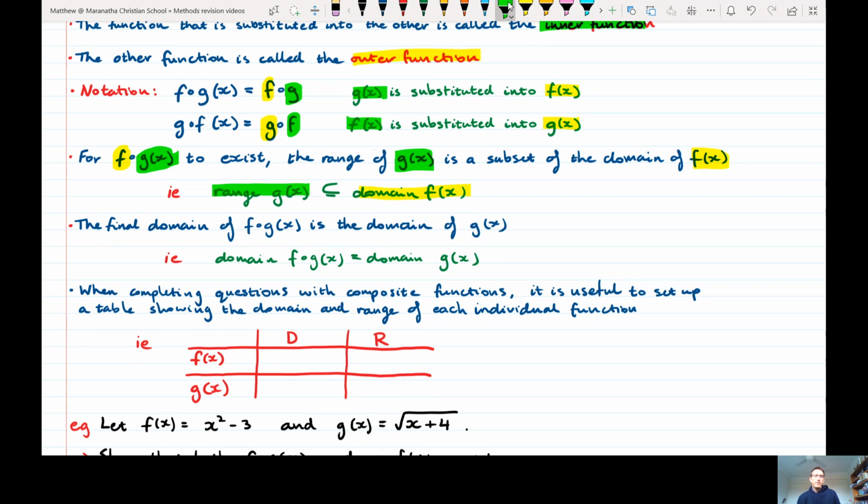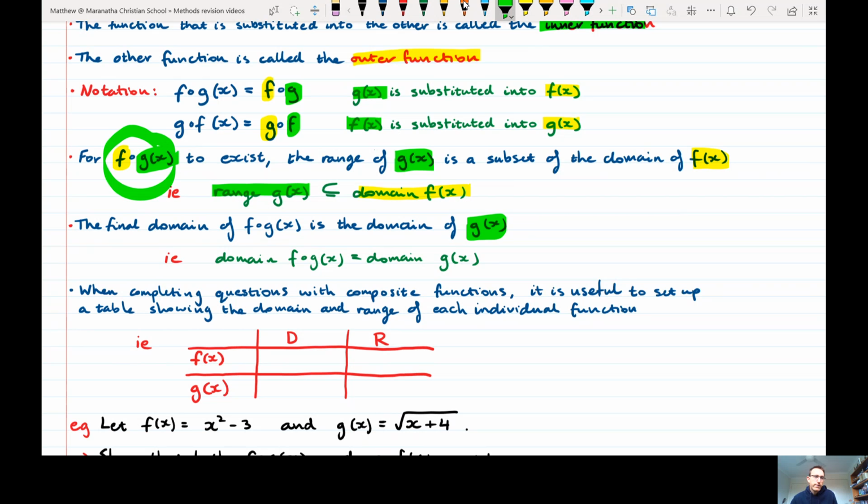Again, order is important. The range of the second must always match the domain of the first. If you do that and it works, then the final domain of the function is the domain of g. Because remember, here's our inner function again. We've taken the y values of g and put them into f. That's what this statement is here.